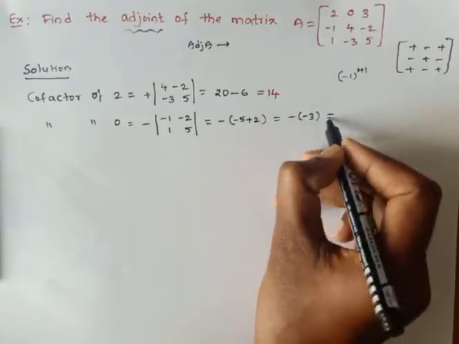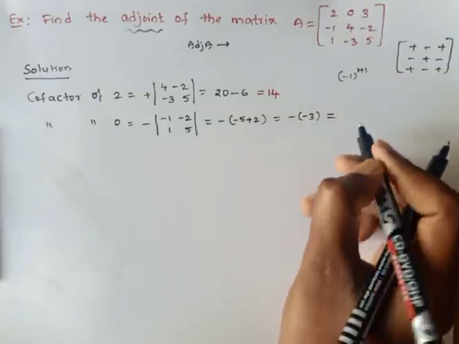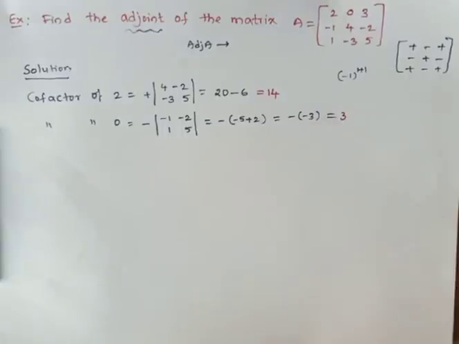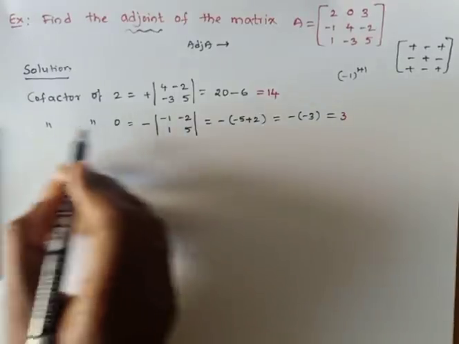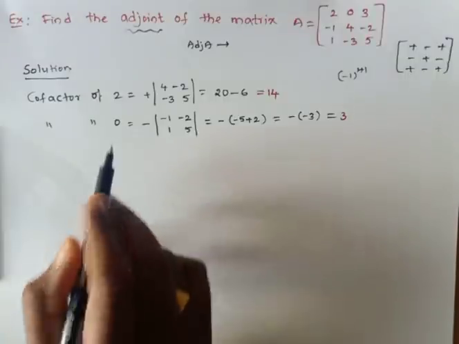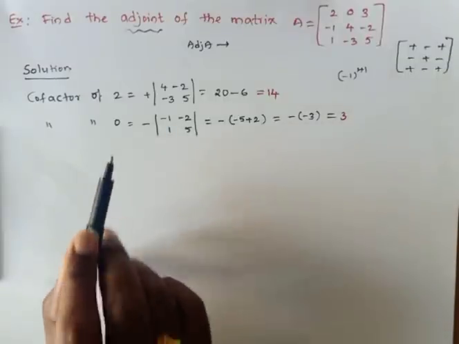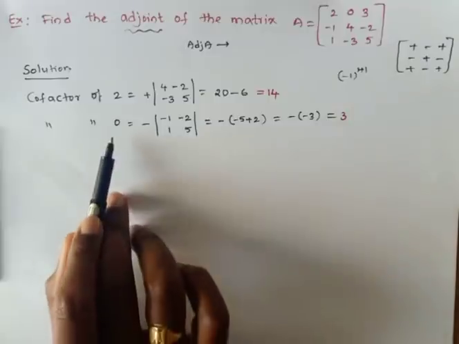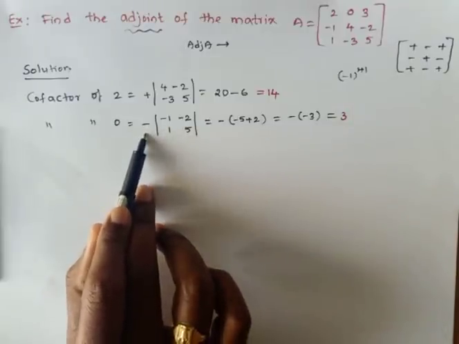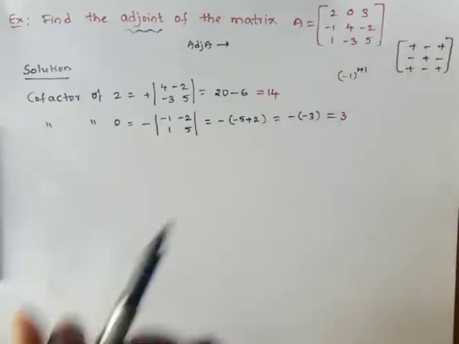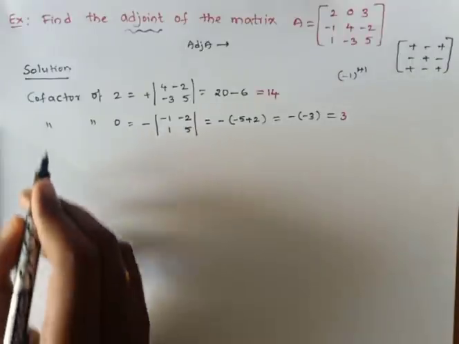Minus of -3 is plus 3. So the cofactor of 0 is 3. Don't write the cofactor of 0 as 0. Evaluate it with the sign (-1)^(1+2) times the minor of that element, which equals 3.